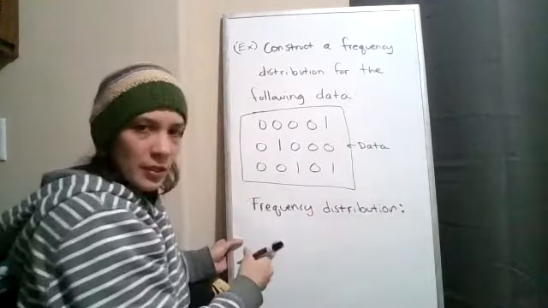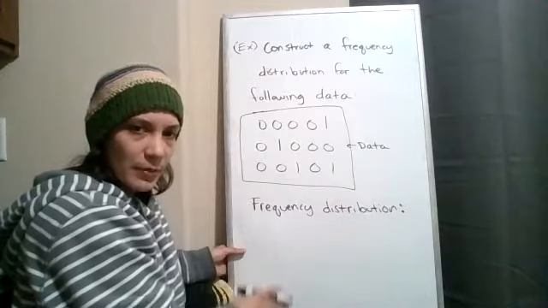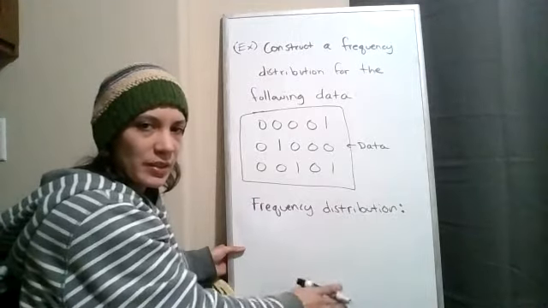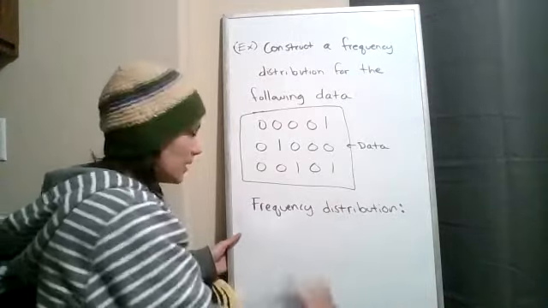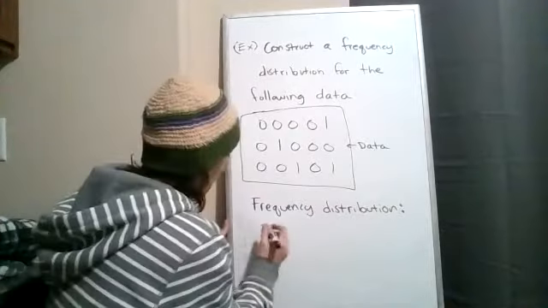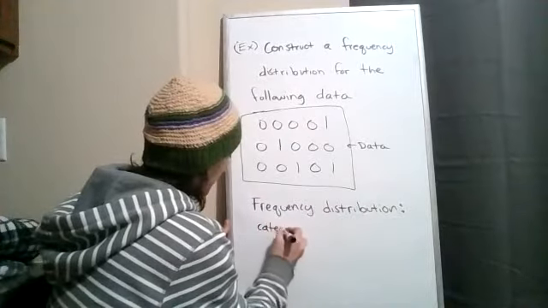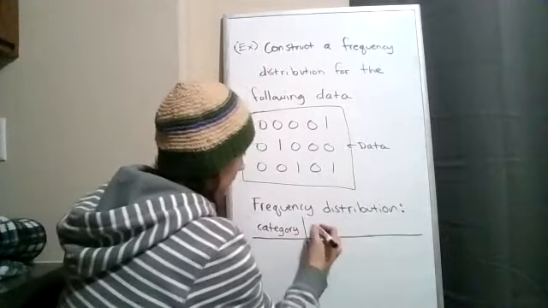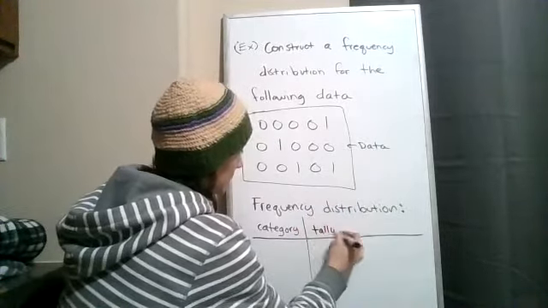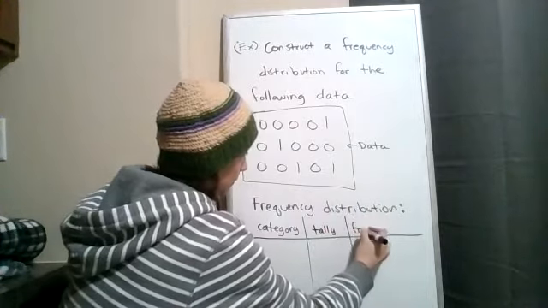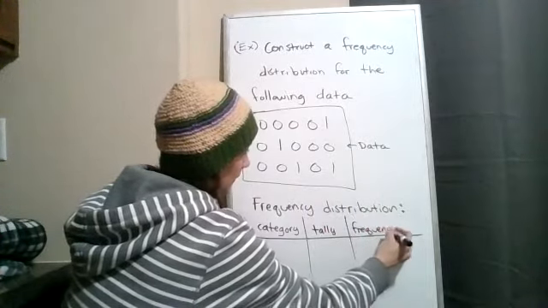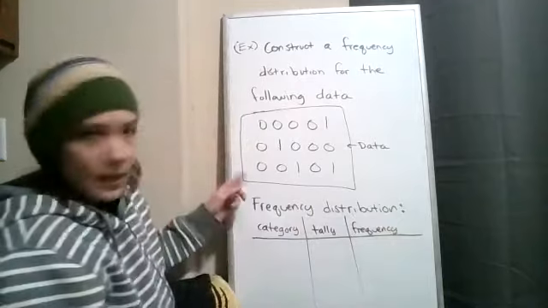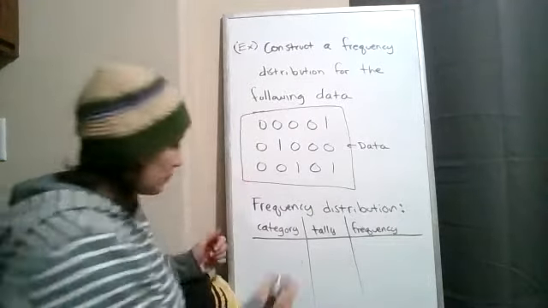Okay, so the frequency distribution is a table with the first side being category, tallies in the middle, frequencies on the end. We've got 0 and 1.